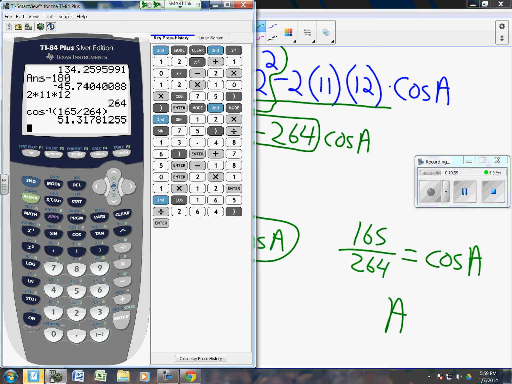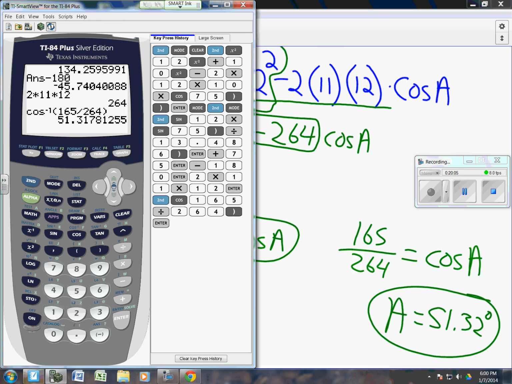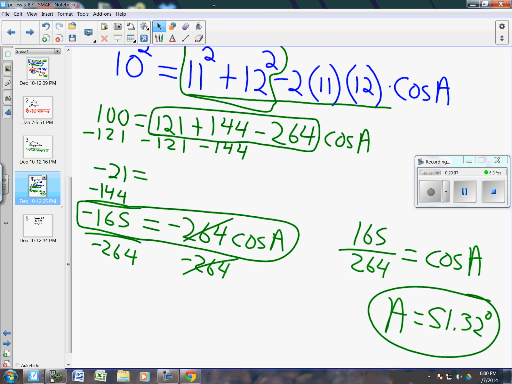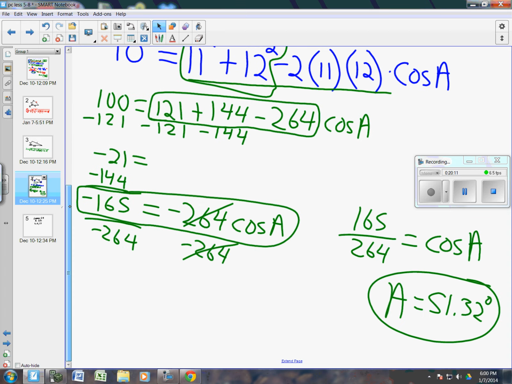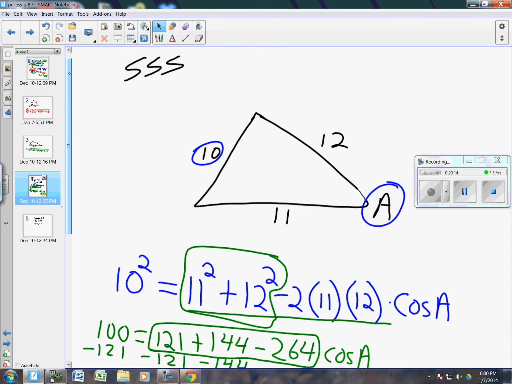So A equals 51.32 degrees. There's angle A. Okay, so now I know angle A. What was it again? 51.32 degrees. Now, I've got to find one of the other angles.